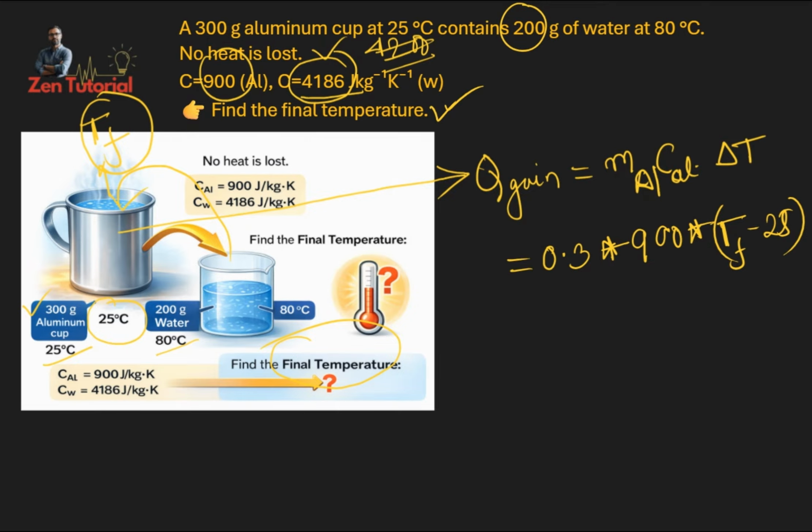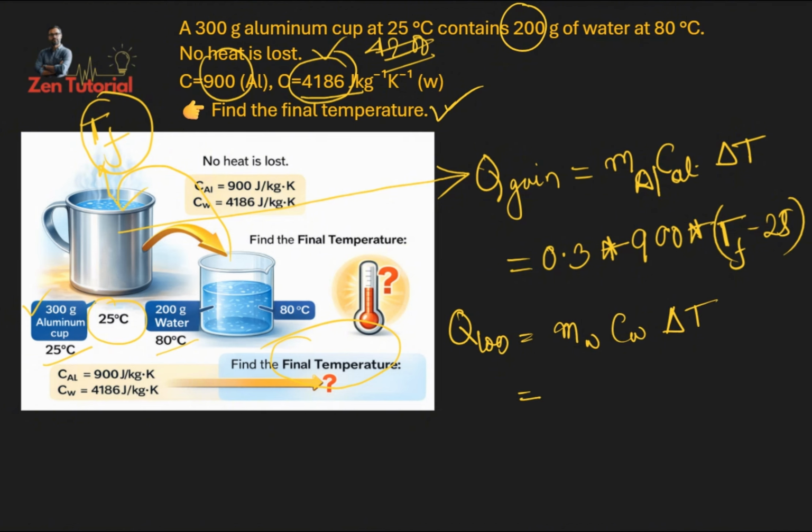And the water, when mixing, poured into the aluminum container, the heat released or heat lost by the water is m_W c_W del T, right?